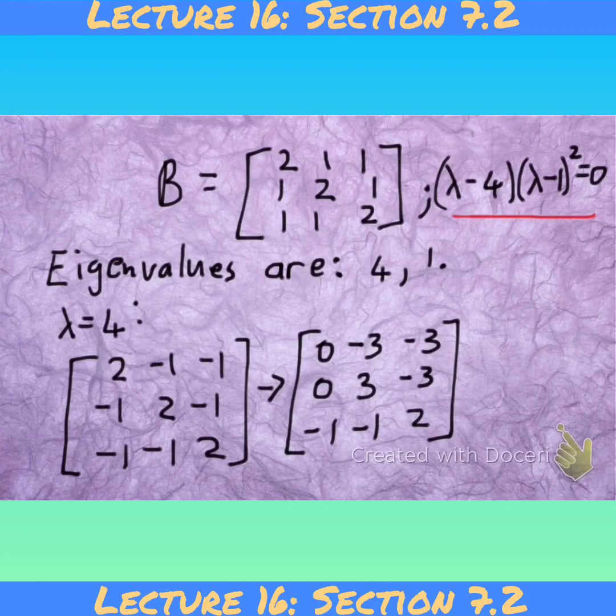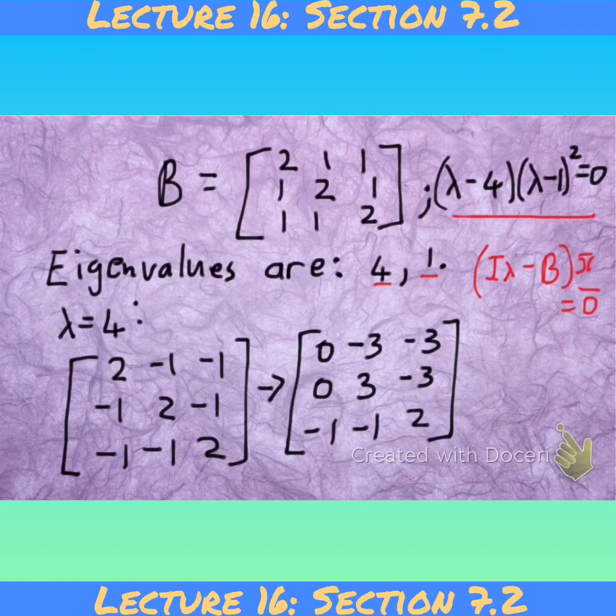We set it equal to 0, and we solve the eigenvalues as 4 and 1 respectively. Now we need to find a basis for each one of the eigenspaces. That's pretty straightforward. We take this matrix equation and look at the null space of that matrix equation.